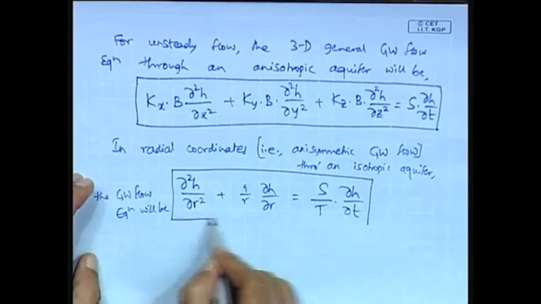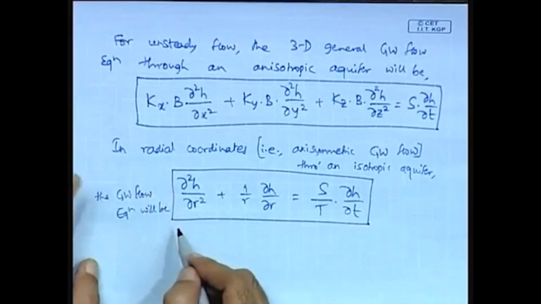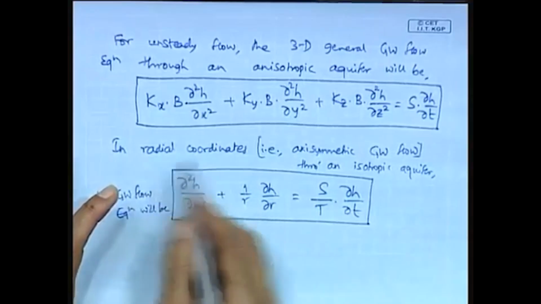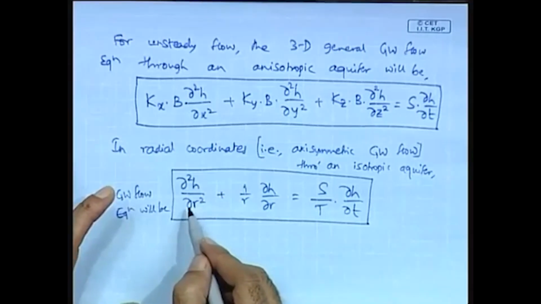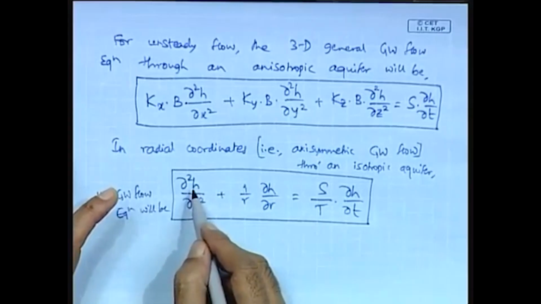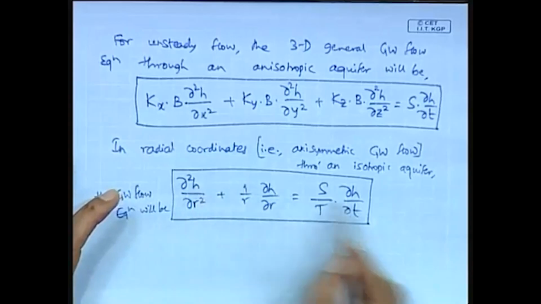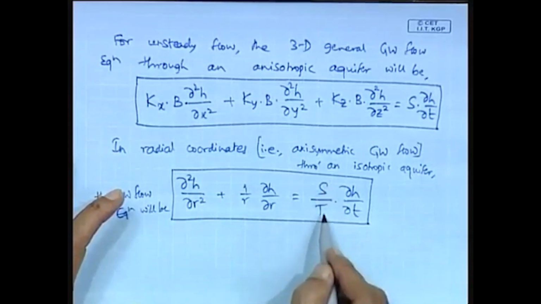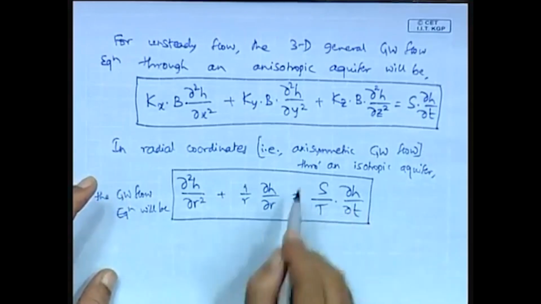So, this is in the cylindrical or radial coordinates, where r is the radial distance and h is the head, and obviously S is the same storativity or storage coefficient, T is the transmissivity. And the flow is unsteady.